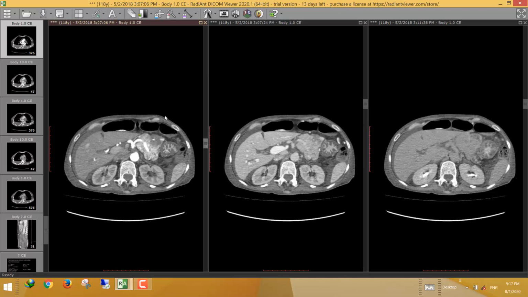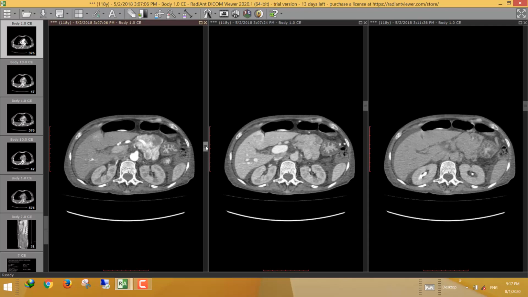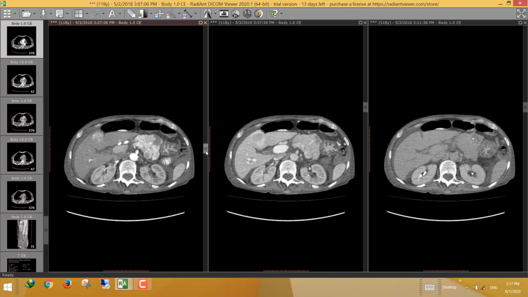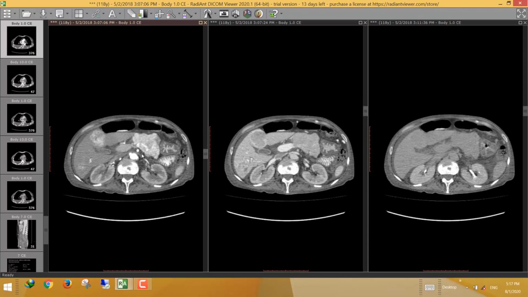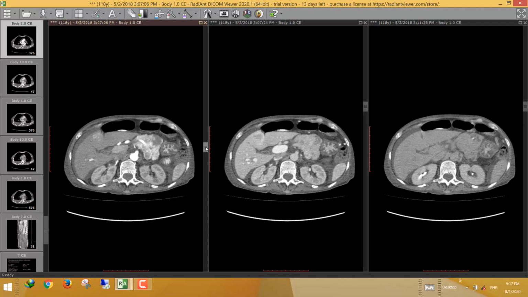So these lesions show the typical presentation of a pancreatic non-functioning neuroendocrine tumor: a large enhancing or hypervascular lesion showing large cystic areas of degeneration and foci of calcification.